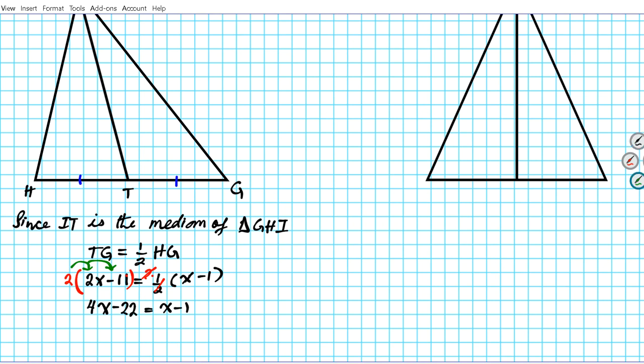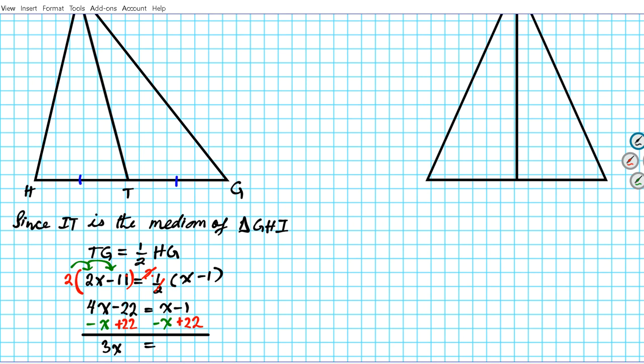Now to get x by itself, we subtract x from both sides. I need the x on the left side, and then add 22 to both sides. Now let's simplify this. We have 4x minus x is 3x, and the 22s cancel out.